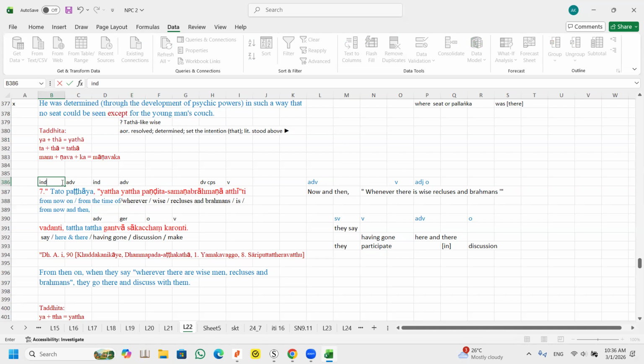It is indeclinable, but it functions as an ablative. That means it is indeclinable in function, as an ablative sense. As long as you understand the ablative sense, okay, then you are correct.